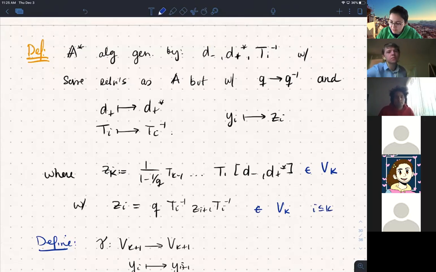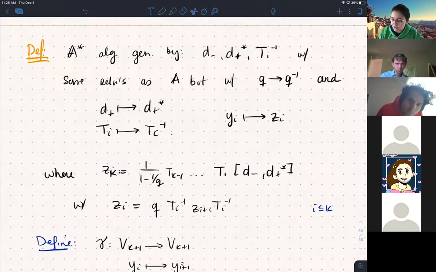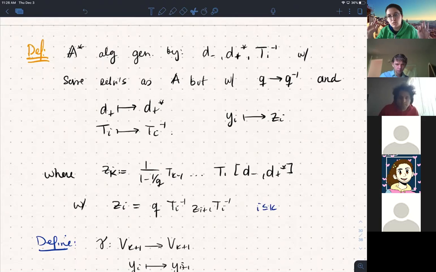And right now this doesn't really make a lot of sense because I haven't told you how this is living in a vector space VK when VK only has variables yi. So for I less than or equal to k, I'll tell you why these are actually related to VK in a second, because right now the ZIs have nothing to do with YIs. So we need to define an action, and I'll do that in a second.